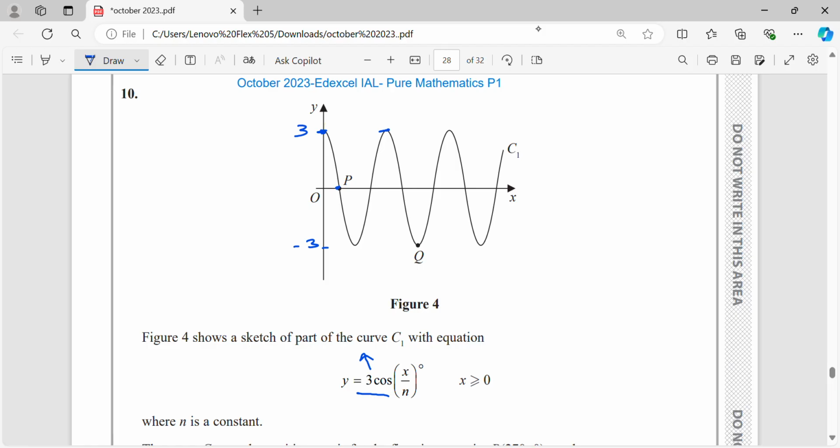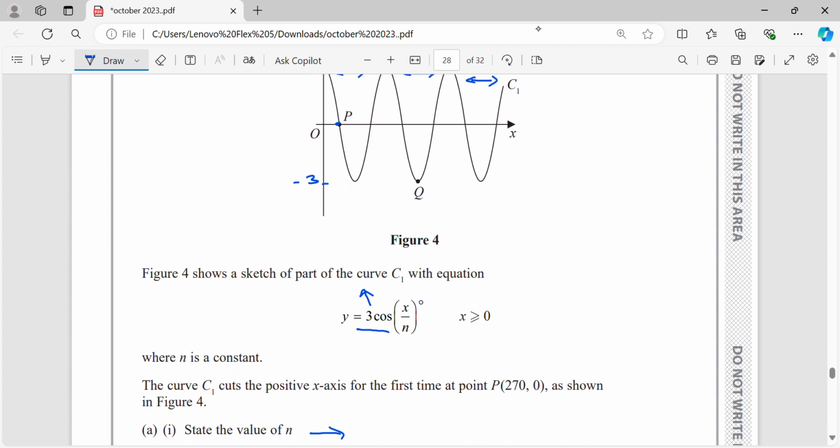From here, if I check the second point, same from here to here. So basically this has 3 periods here. So n represents, it means n is 3 here. So n is 3.